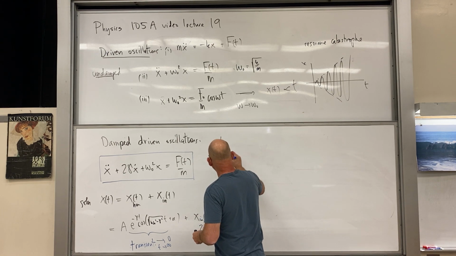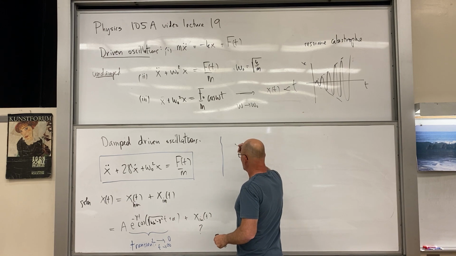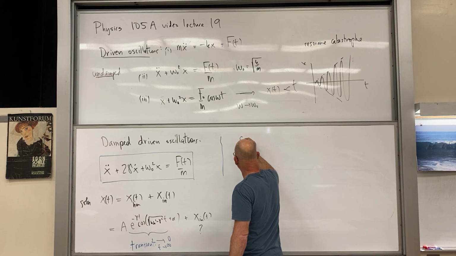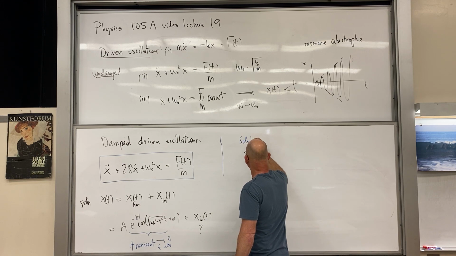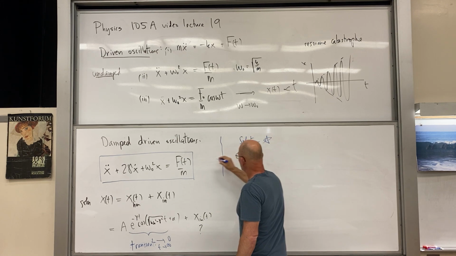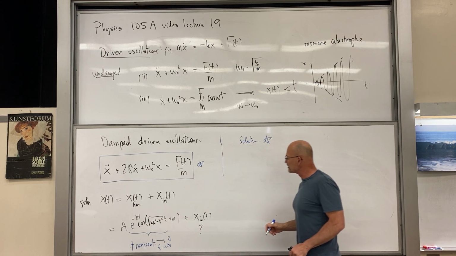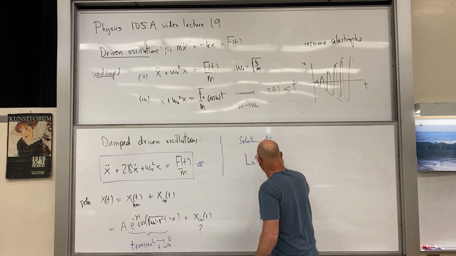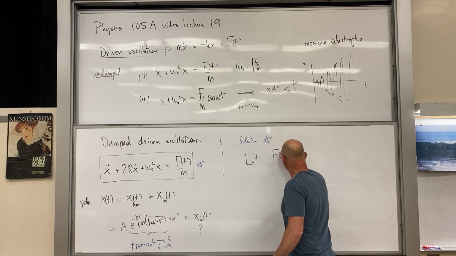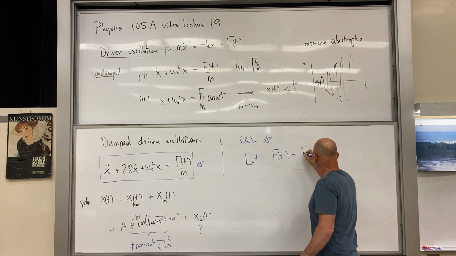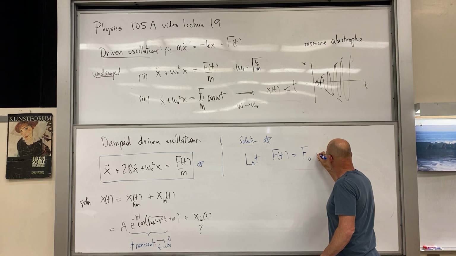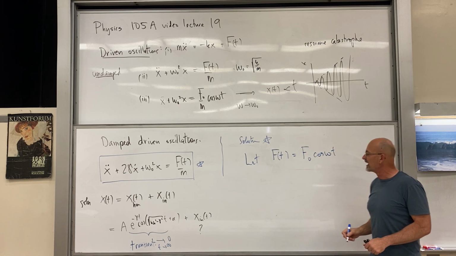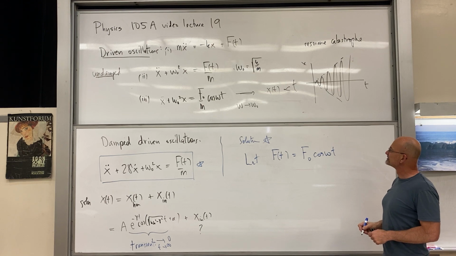What we're going to do for our trial solution of this equation here, we're going to let f of t be equal to f0 cos omega t, as we did before.